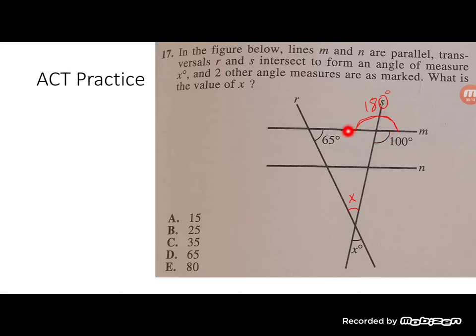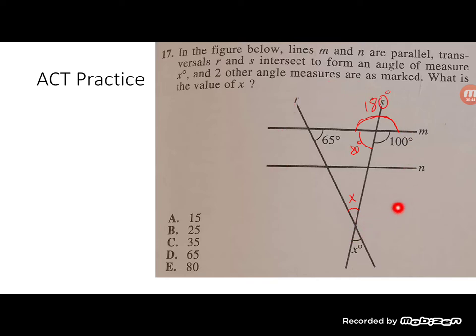This whole thing has to consist of 180 degrees, which means that 100 would then need to be followed up by 80 degrees in order for that to be true. Because when a line intersects another line, those two parts have to add up to 180 because that constitutes a straight line. So that one would be 80.